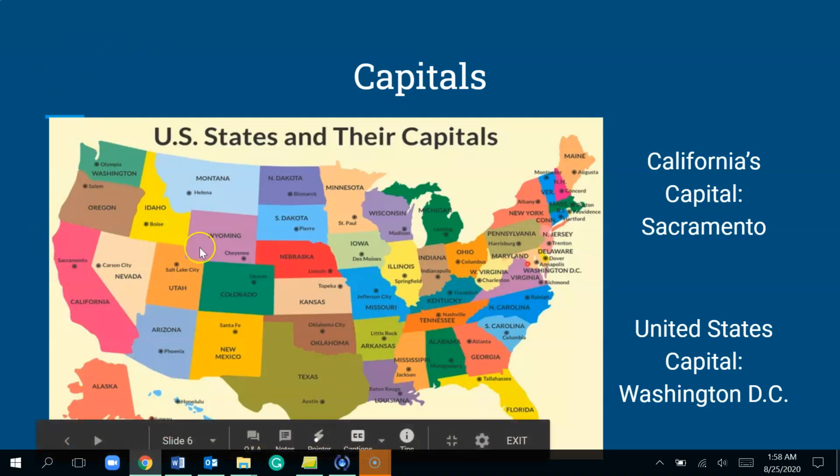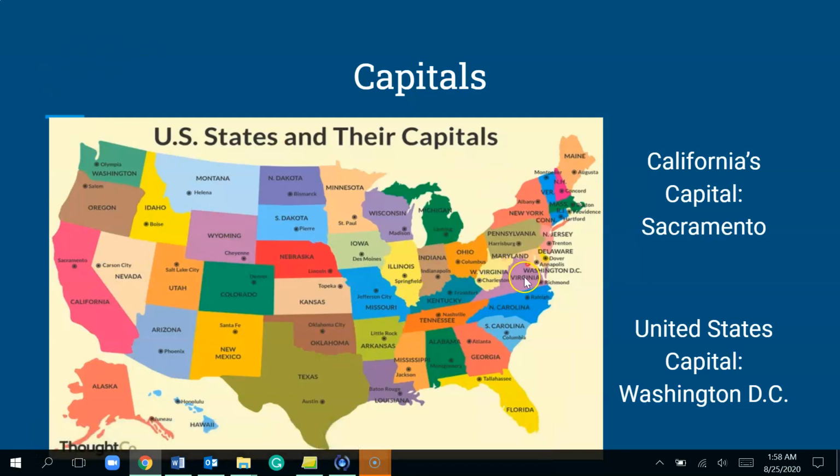So every single one of them has it. If you look over on the east coast of the country, you'll notice that there's a red dot right here, smack in the middle of Virginia and Maryland. So this is our nation's capital right here, Washington, D.C.